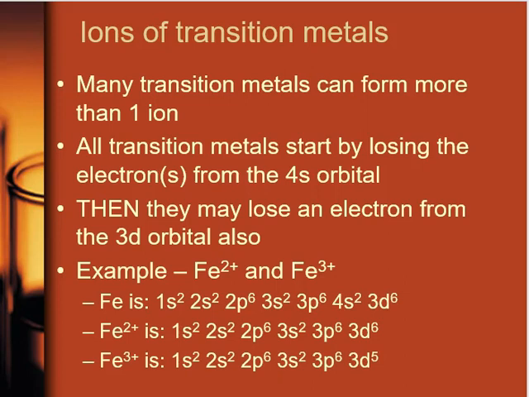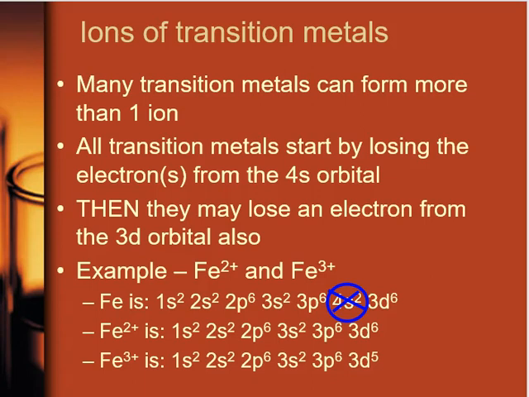So if we think of iron, we have the electron configuration of iron, 1s2, 2s2, 2p6, 3s2, 3p6, 4s2, 3d6. If it forms a 2+ ion, which it does, then it will do that first by losing that 4s orbital here. That goes. So we take away that one first, then we can start working on that 3d orbital.